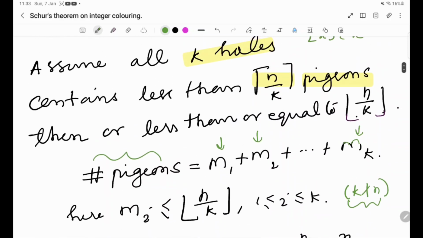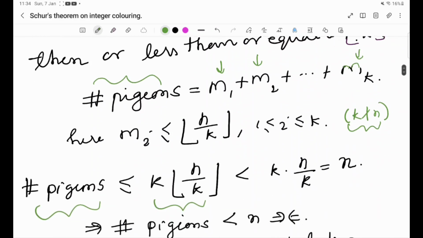When you say it contains less than floor of n by k pigeons, it means less than or equal to the floor. But if n by k is an integer, these both are equal. If n by k is an integer, then floor and ceiling are equal. So that assumption has to change. When n by k is an integer, say m, then it should be less than or equal to m minus 1.